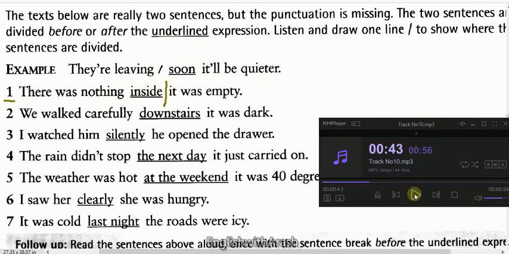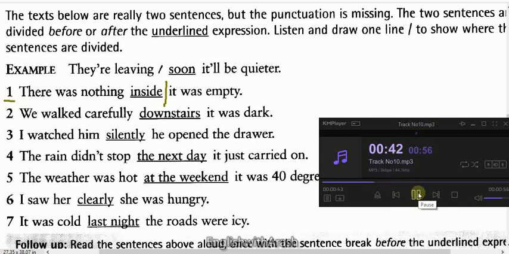Let's go to number 2. We walked carefully downstairs. It was dark. Is it before downstairs or is it after downstairs?